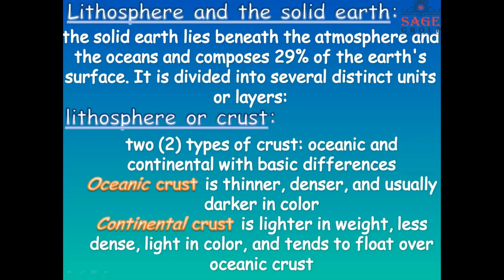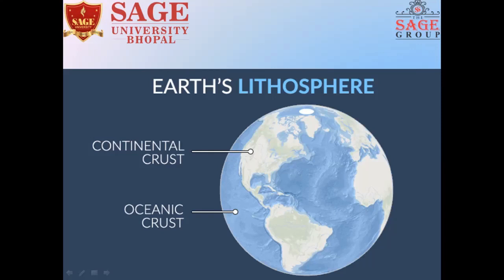Oceanic crust is thinner, denser, and usually darker in color, and continental crust is lighter in weight, less dense, and lighter in color. Here you can see oceanic crust and continental crust of Earth's lithosphere.